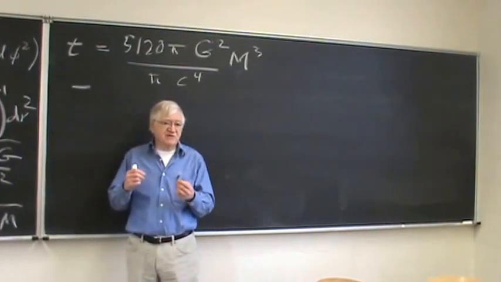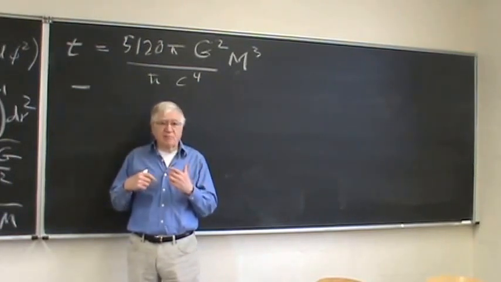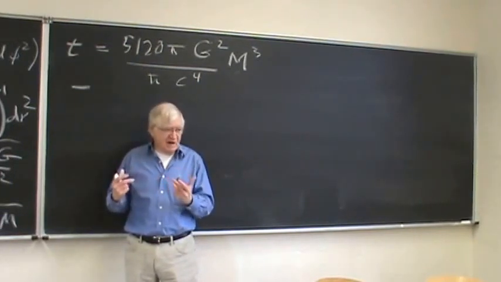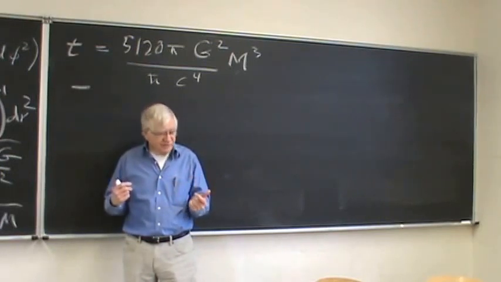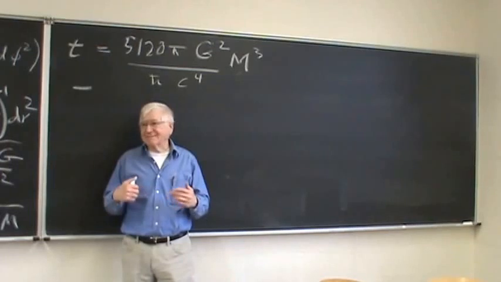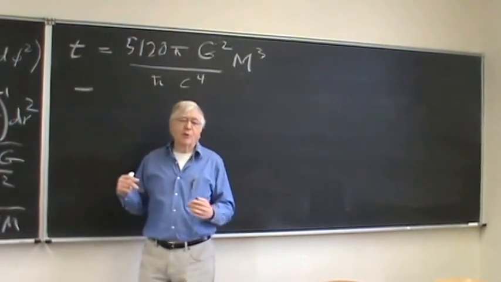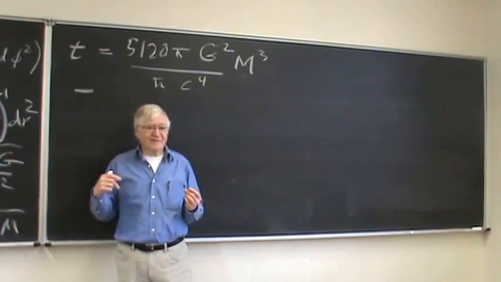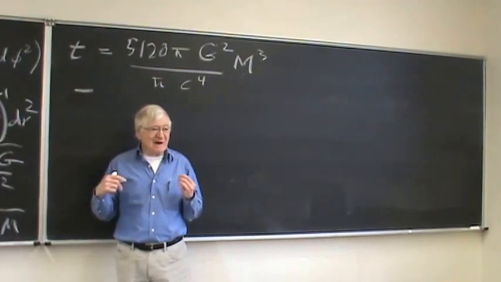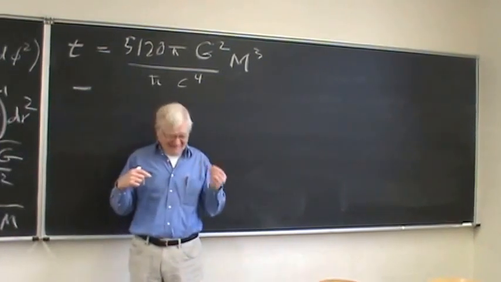I think I may have mentioned to you that inflation was invented in the 70s in the U.S. by Alan Guth. It was also invented in the Soviet Union by Linde. And there probably were other inventors. There were always many inventors who were neglected by history, and it's only the famous inventors who get credit.